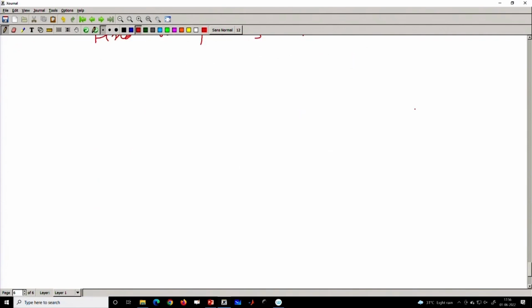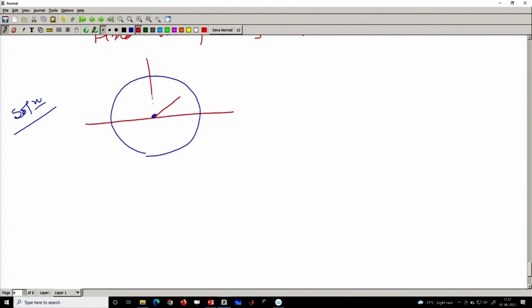So, solution, what the problem says is that like this. I have a disk here, this is the center of the disk, and from here to here, suppose I am having a coordinate system. So, this is x and this is y.